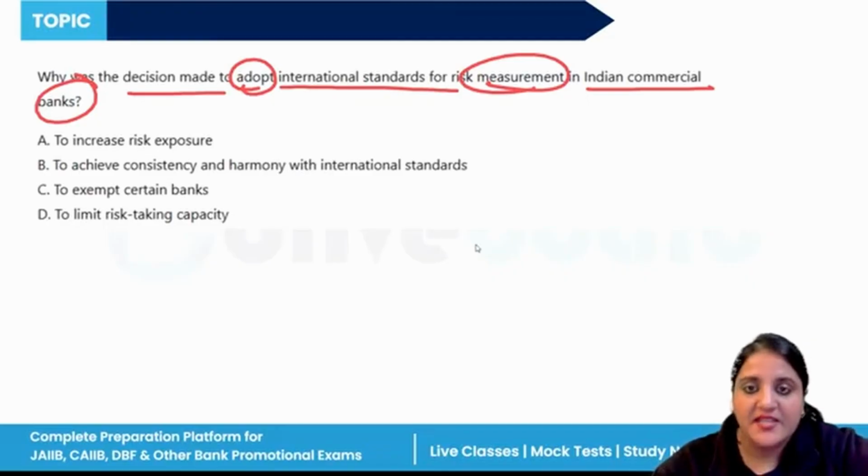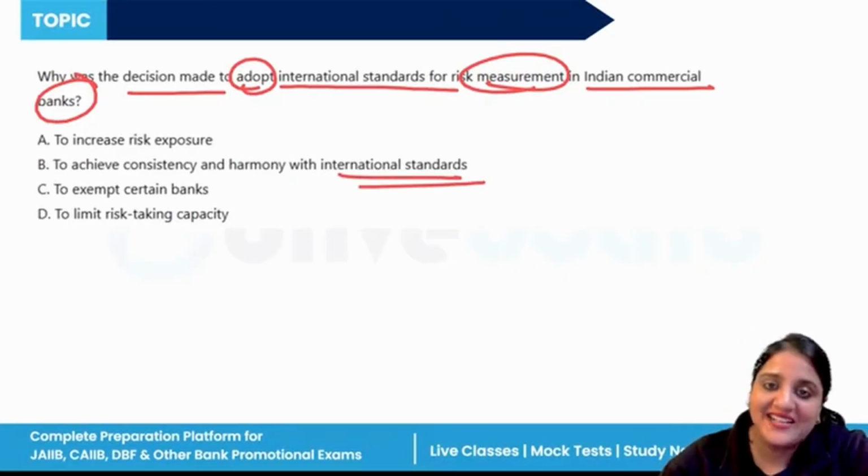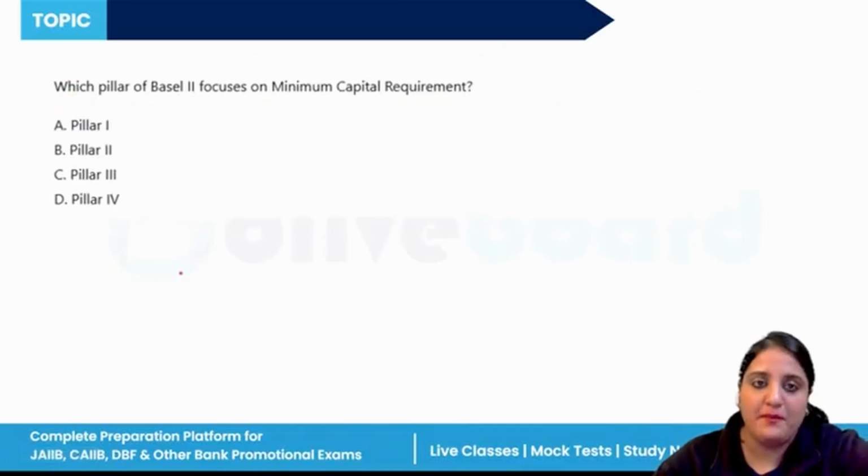The answer, the purpose, is just to achieve consistency, just to achieve harmony with the international banking standards. That's why this is adopted.